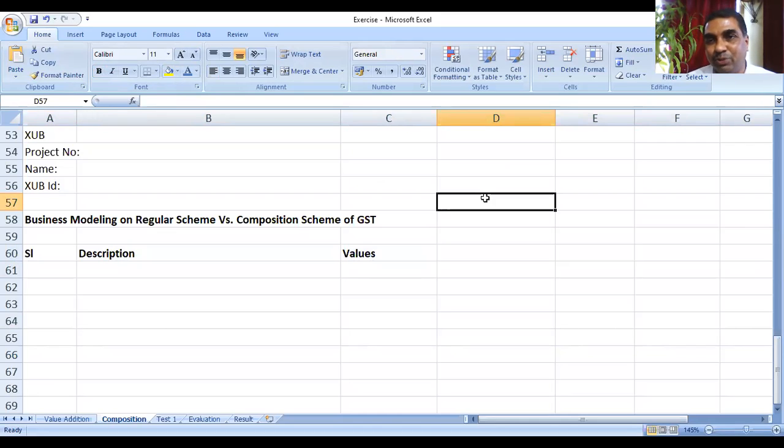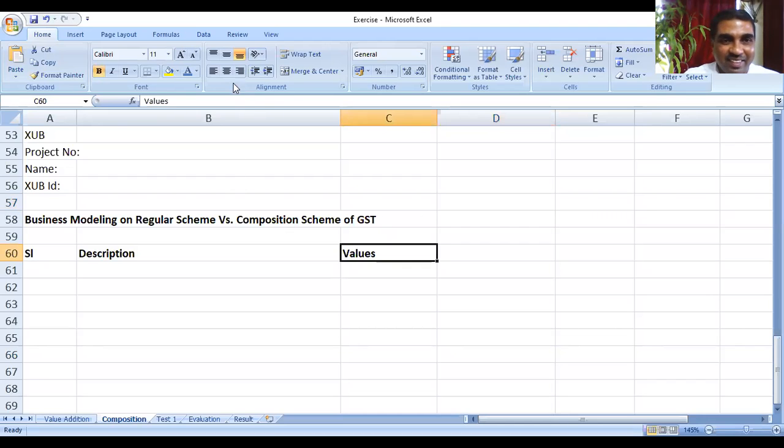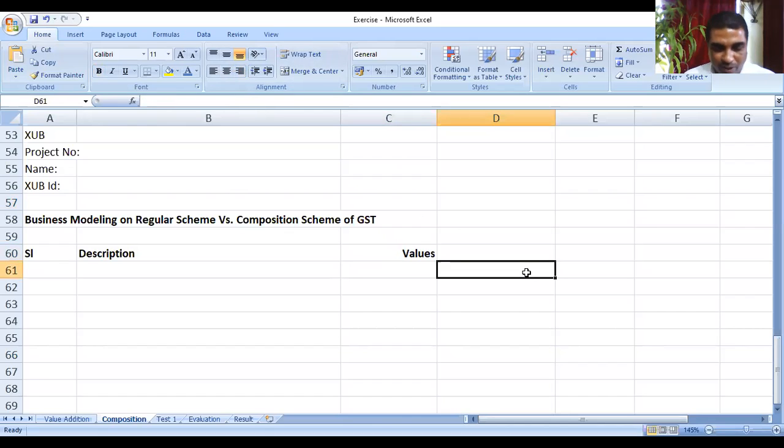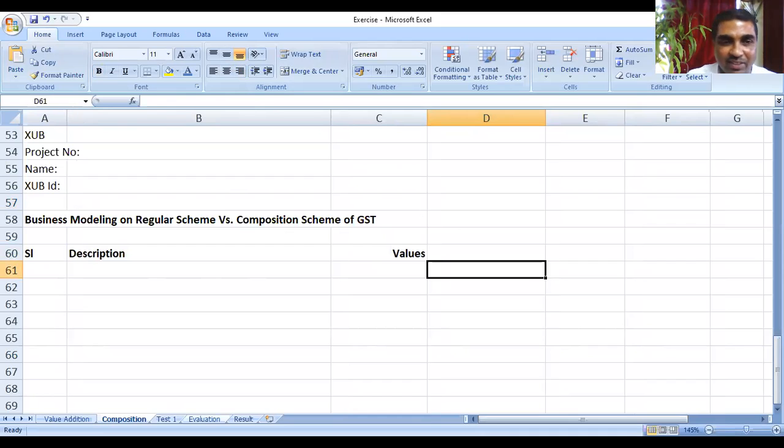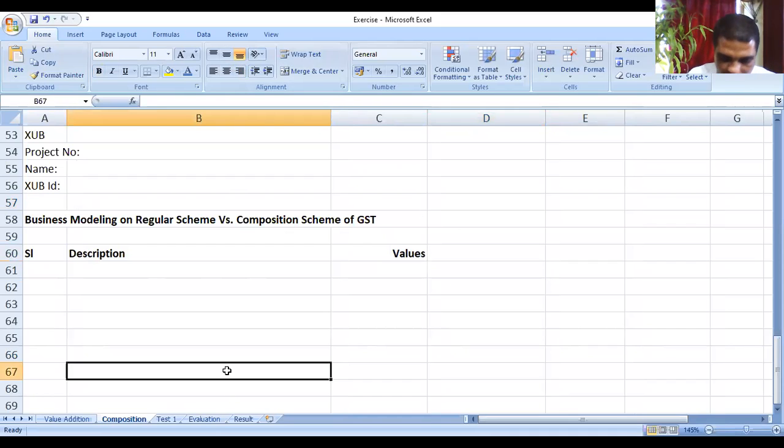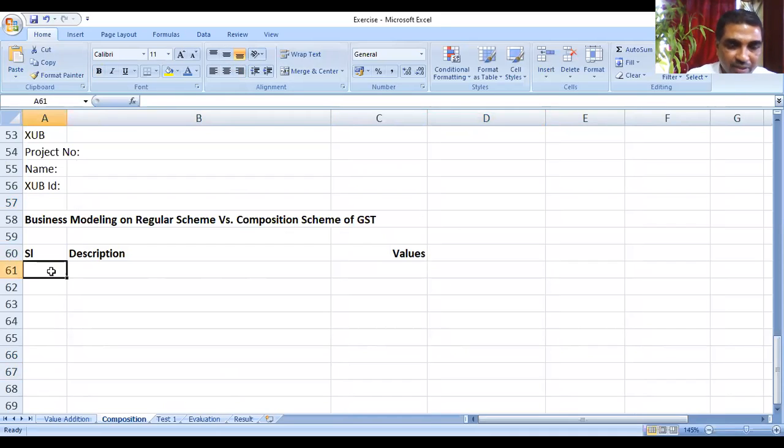The intention is that you should know how to apply your GST skills in business decisions. If you learn the concept and develop a skill like this, you'll find yourself very comfortable in the business environment, in filing GST returns, and taking decisions related to GST. That is our intention. First, let us write serial number 1.